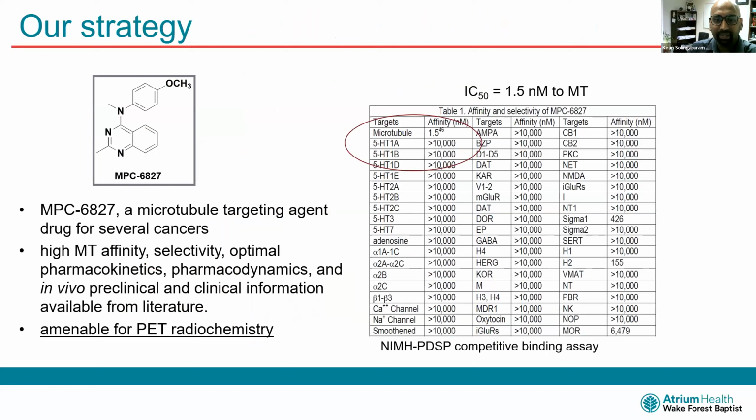It was a drug in phase 3 clinical trial for GBM, and was removed because of its toxicity associated with cardiovascular dysregulations. But most importantly, as a radiochemist, I look at the structure and see it has an amenable methoxy group, where you could easily label with a C11 radioisotope.